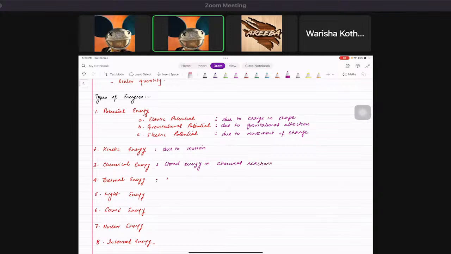Thermal energy is just heat energy. Light is energy carried by photons. Sound is energy propagated via longitudinal waves.